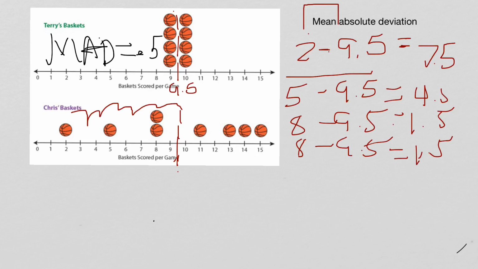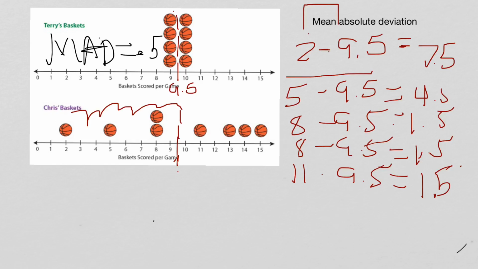And that's 1.5. We have 11 minus 9.5. And that gives us 2.5. Nope, it gives us 1.5 because we want it to be a full 11.